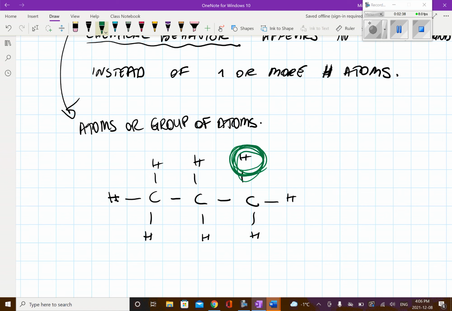You have either a halogen, and this is known as halides, or you have another functional group. Let's say you have a chlorine, or a fluorine, or something like that.